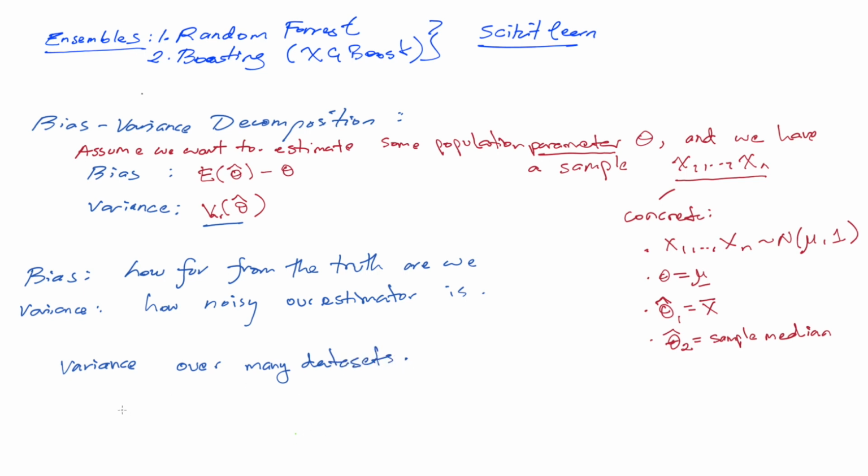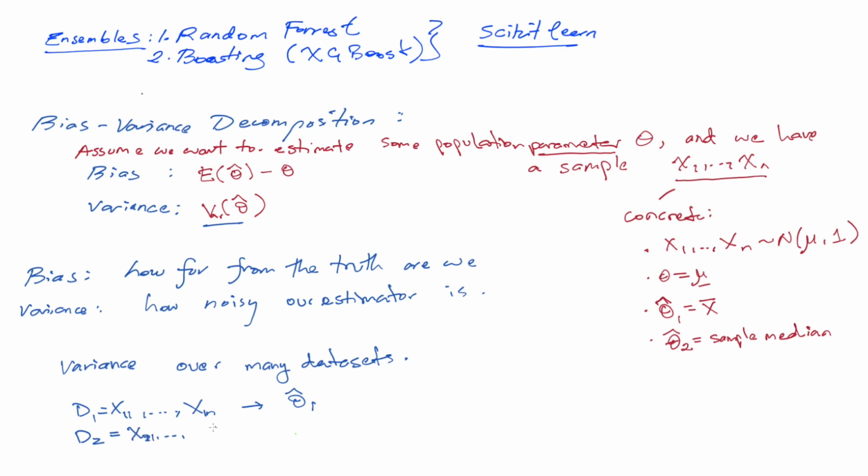Right? So imagine that we have our first sample, x1 to xn, let's call this d1, and then I build my estimator, theta hat 1. Then I take another sample, x11 to x1n.